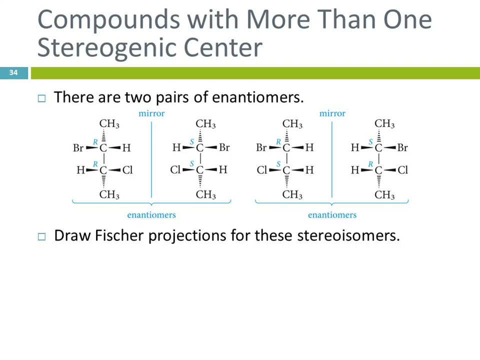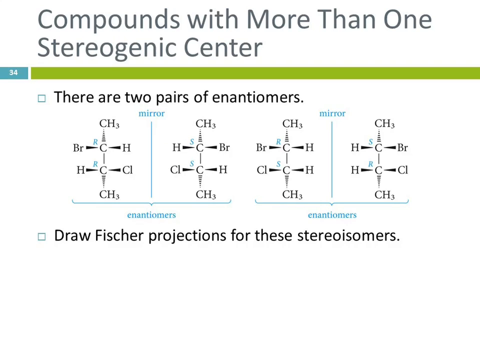All of the atoms are connected in the same way. The difference is the stereochemistry around these carbons. This one and this one are mirror images. These two are mirror images. If this one looks in the mirror, he sees that. But this one is not a mirror image of that, because they have the same configuration around one carbon, but a different configuration around the other carbon.